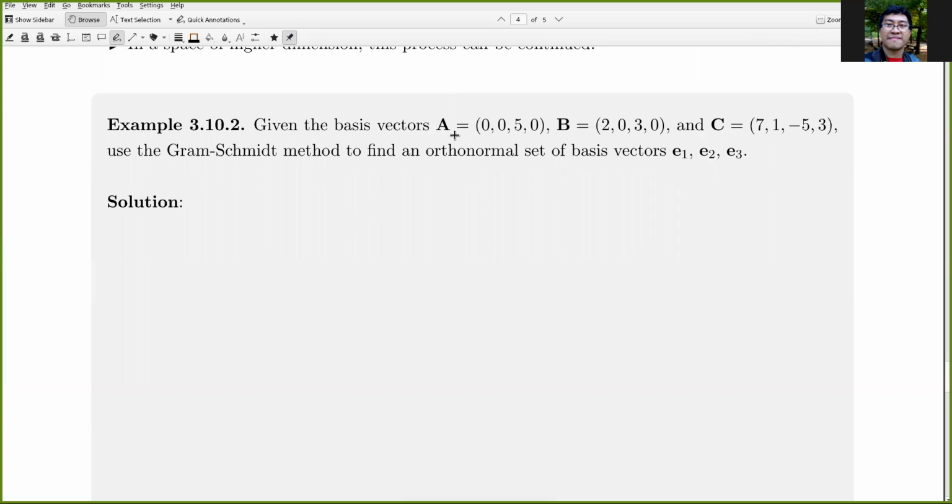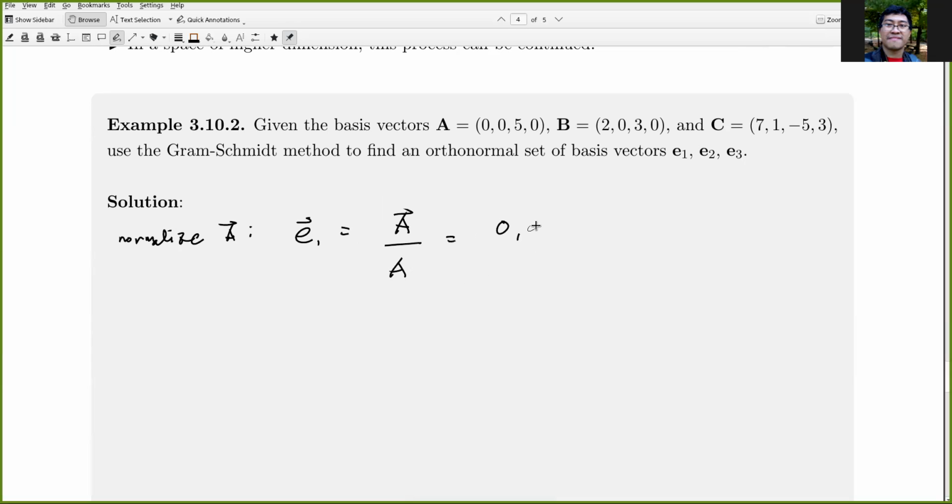Using our A, we normalize A to give us E1. To normalize, if the norm of A is not 1, then we divide A by its norm.